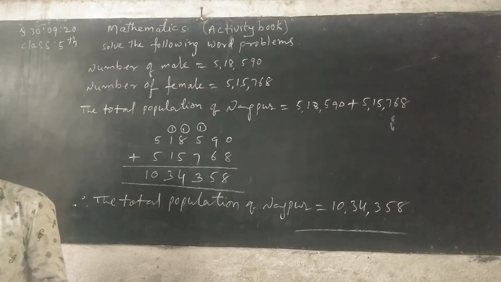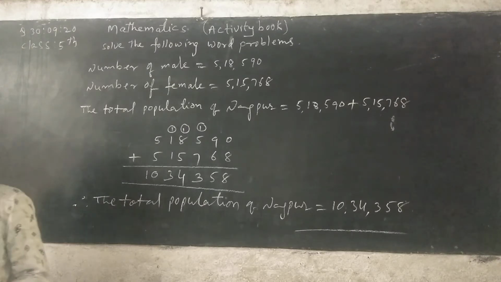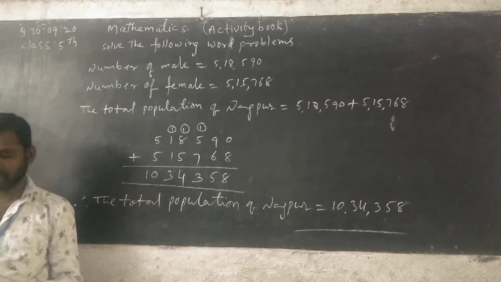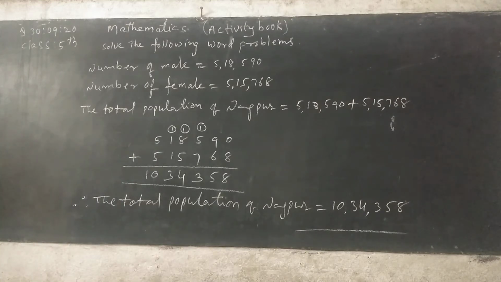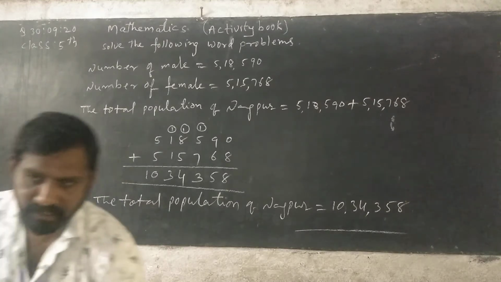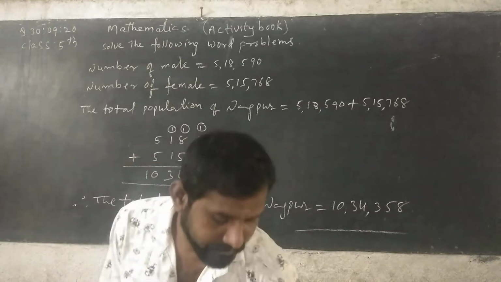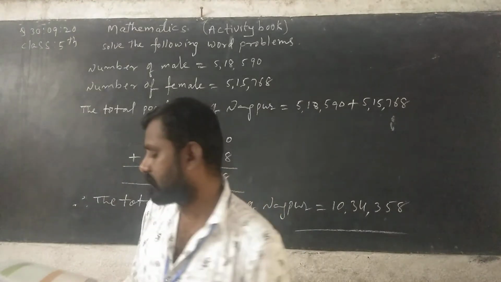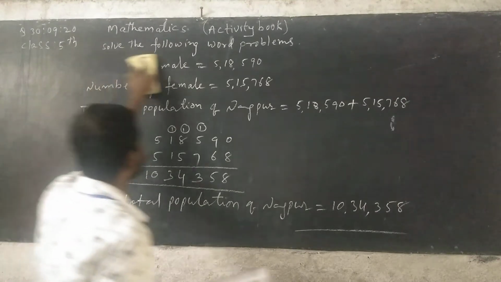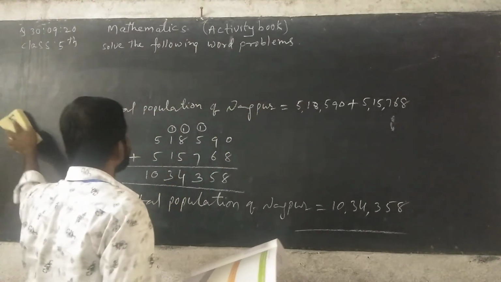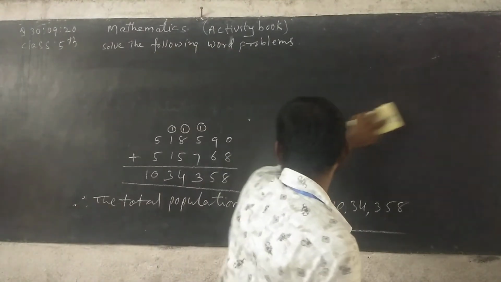How many more flowers did it sell this month than last month? See here, first you write this month's flowers, and after that you write last month's flowers sold by James. Listen carefully. So now here we do subtraction.